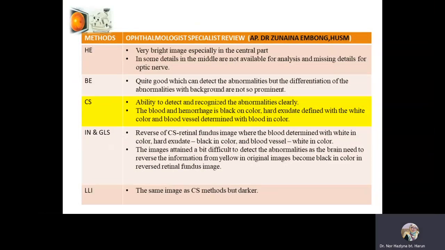And the image is a bit difficult for detecting the abnormalities as the brain needs to reverse the information, from yellow in the original image becoming black in the reverse retinal fundus image. And finally, the last method applied to the sample that we collected from HUSM gives the same image as the CS method but looks darker.